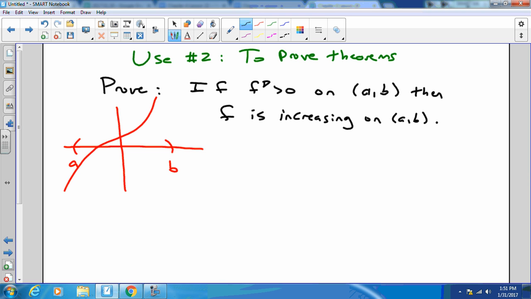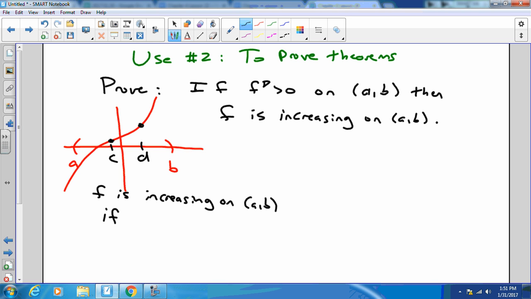So let's draw a function that is increasing, maybe this function, and ask what it means to say that it is increasing. Well, here's what it means. It means that if I start at any point c and I go to the right to any point d, I must also go up.